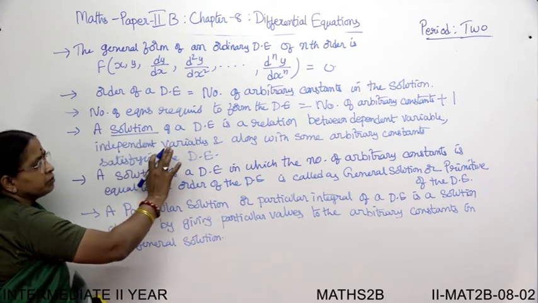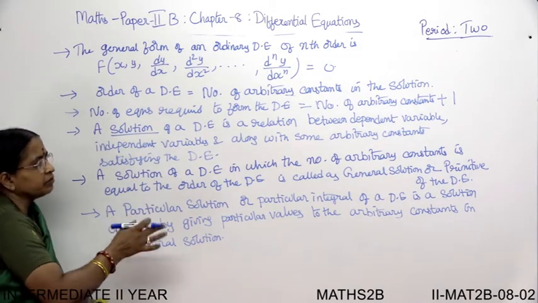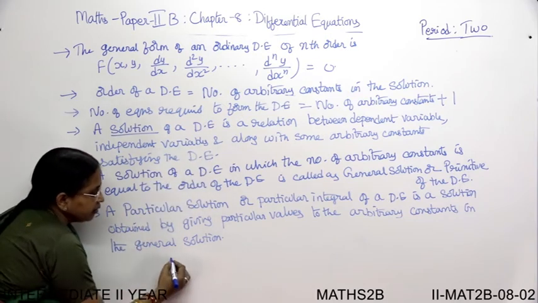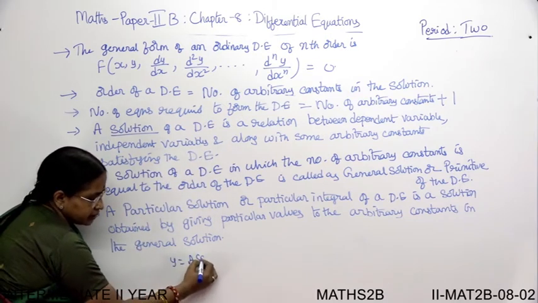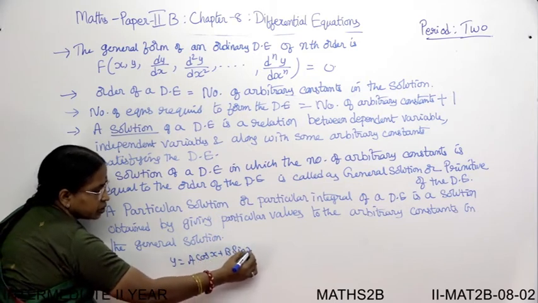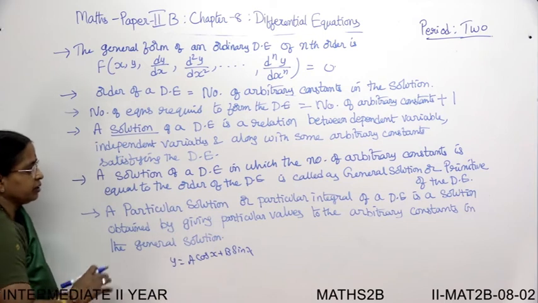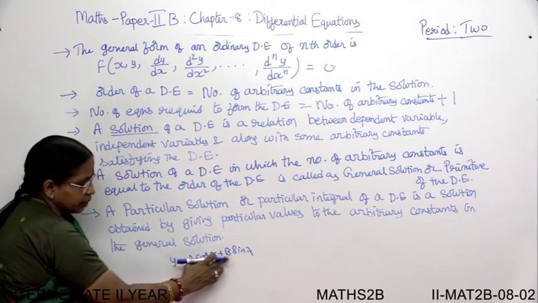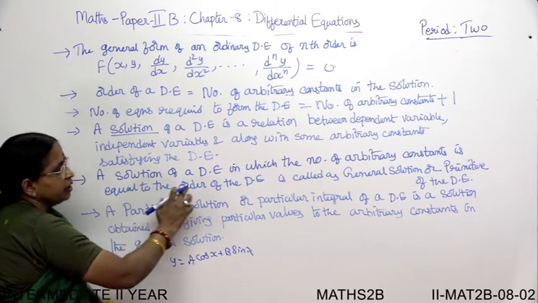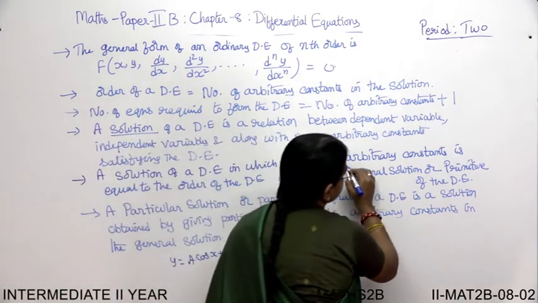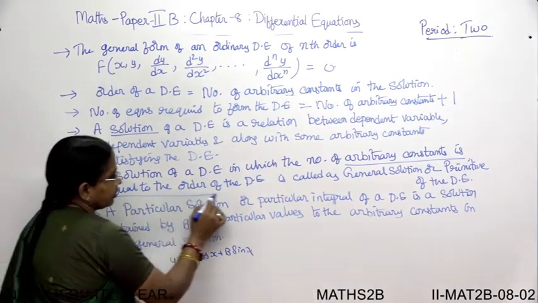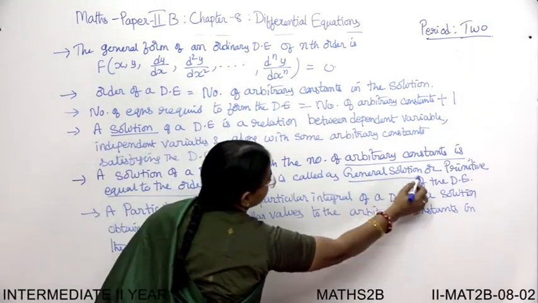Generally the solution will contain x, y along with some arbitrary constants. You have seen y is equal to a cos x plus b sin x is the general solution. It is a solution of some differential equation. Now if it has two arbitrary constants, the solution of a differential equation in which the number of arbitrary constants is equal to the order of the differential equation is called the general solution.